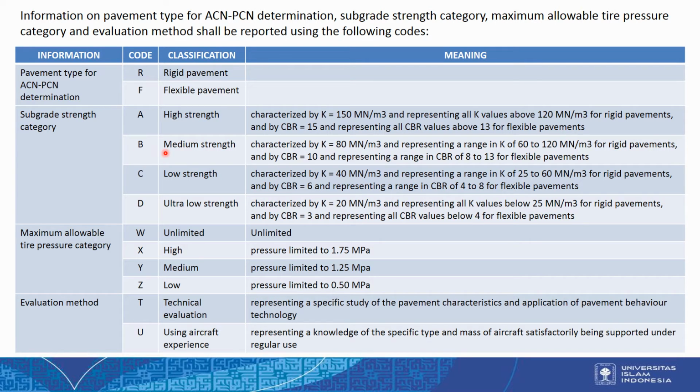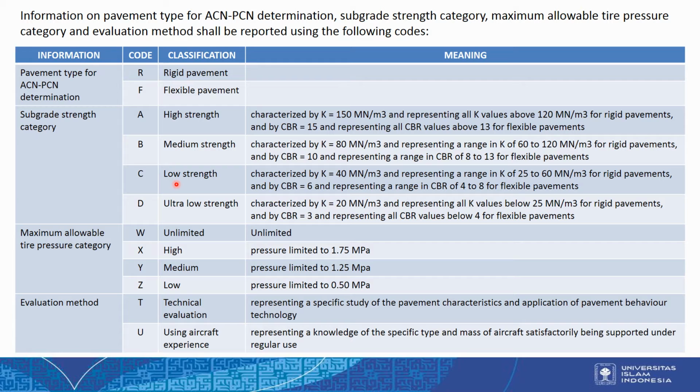The code B is for the medium strength. It represents a range of K 60 to 120 for rigid pavement and CBR of 8 to 13 for flexible pavement.